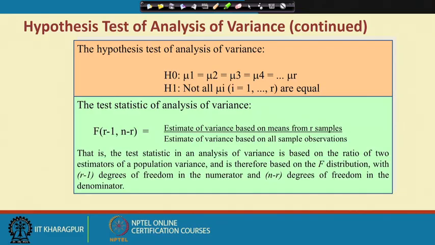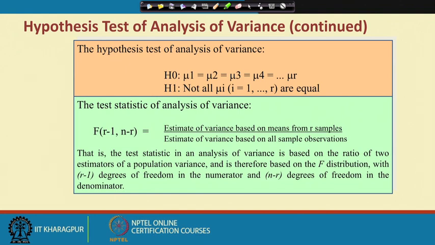The F statistic is the ratio between the estimate of variance based on the means of the r samples, divided by the estimate of variance based on all sample observations. That is how the game works between the upper part and the lower part. We are checking the significance of the difference between these two groups.